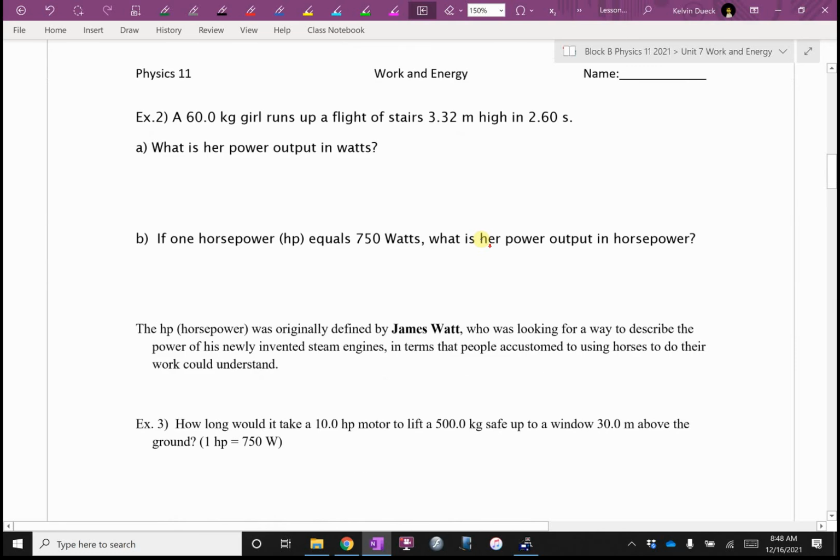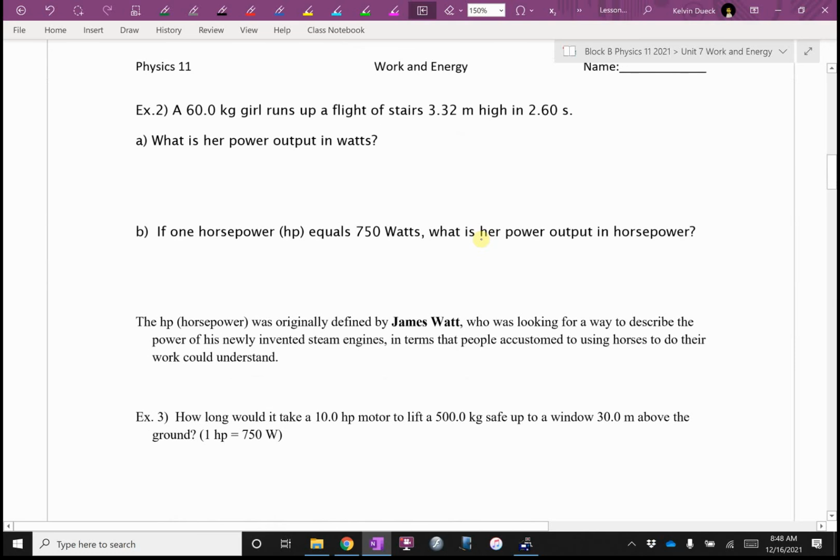Example 2. A 60-kilogram girl runs up a flight of stairs 3.32 meters high in 2.6 seconds. Okay. Lena, what does A want me to find? Power. I think I'm going to go power equals work over time.